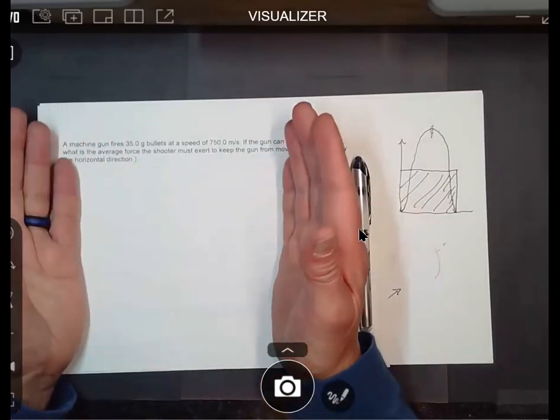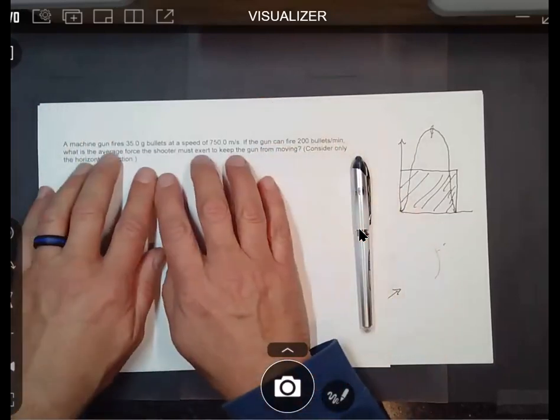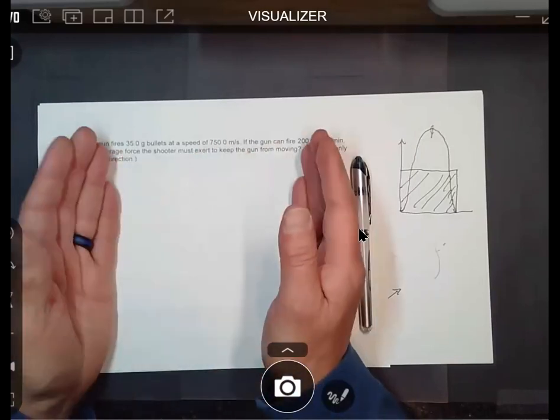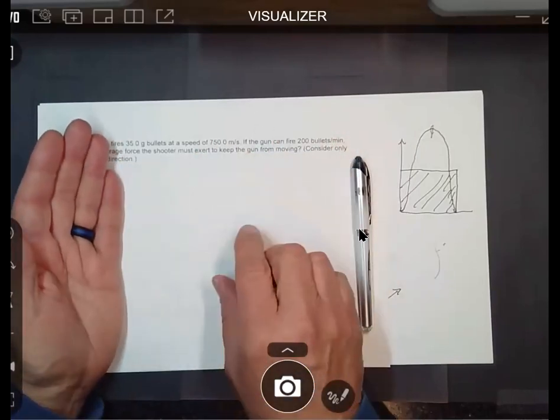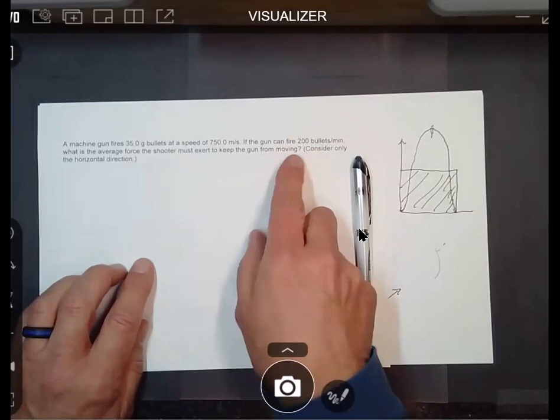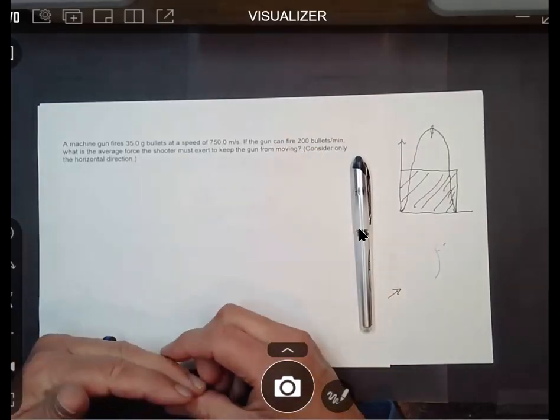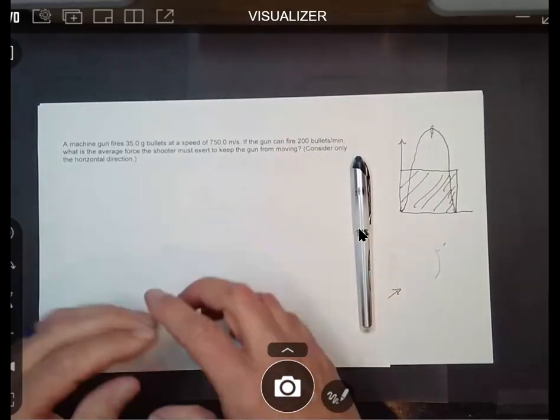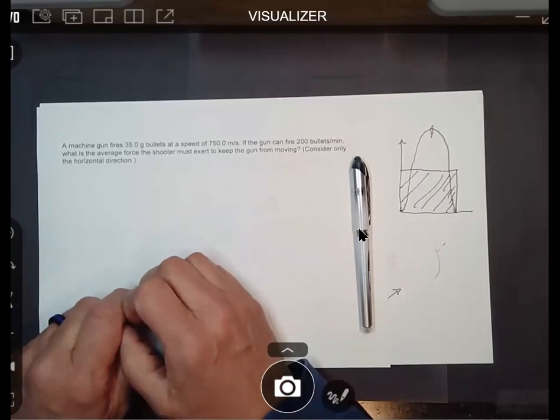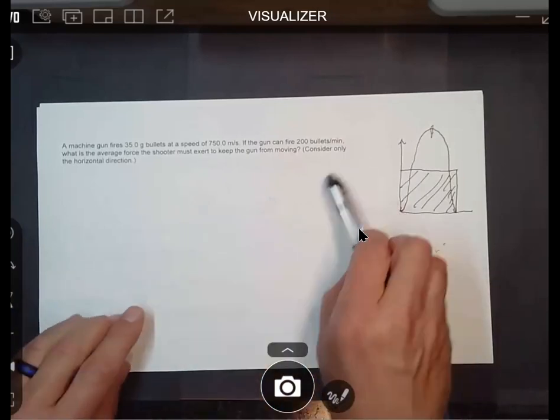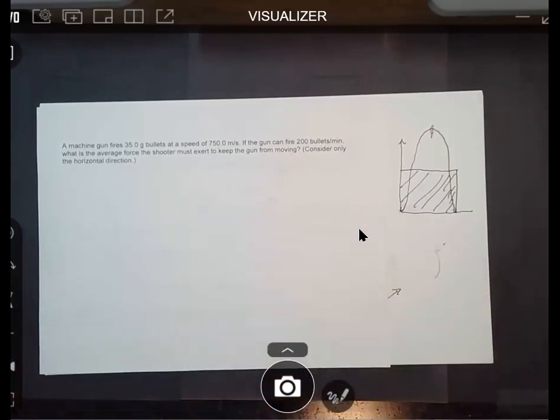And that would be an impulse that's given to those bullets, but that impulse is spread over an entire minute. So if we divide the total impulse by 60 seconds, we should be able to figure out the average force.